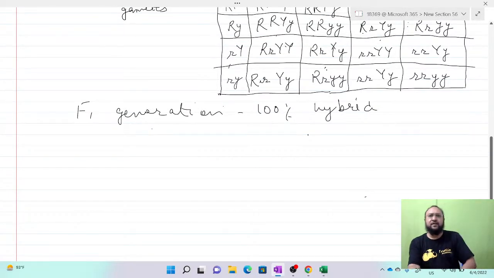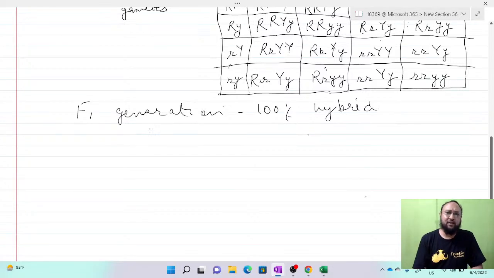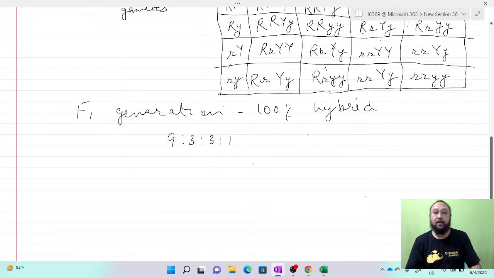Now, because of the way the gametes were formed, the ratio was 9:3:3:1. We found that wrinkled green was one.